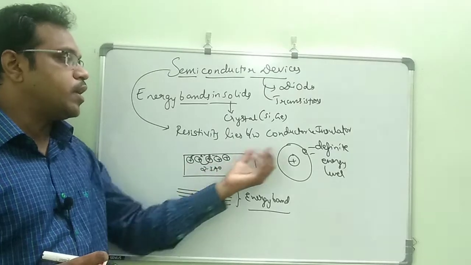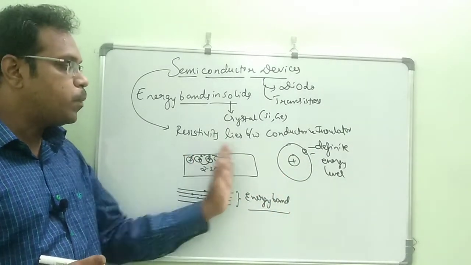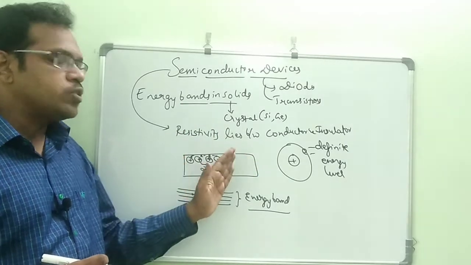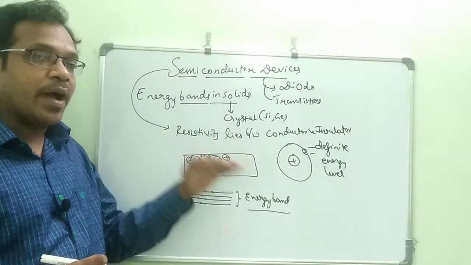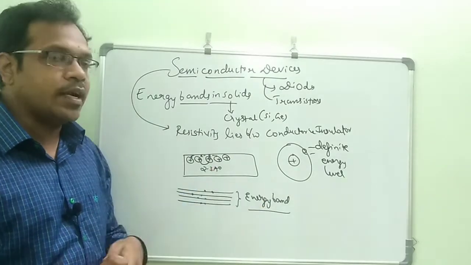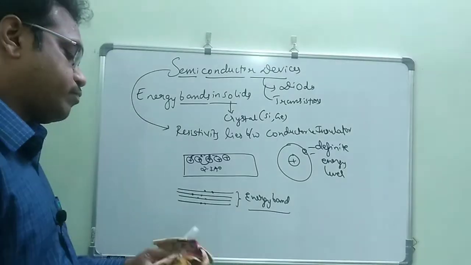For a single isolated atom we take a single electron's levels, but for a group of atoms in a solid or crystal, all the electrons form an energy band containing energy levels. Now we will study the types of energy bands.